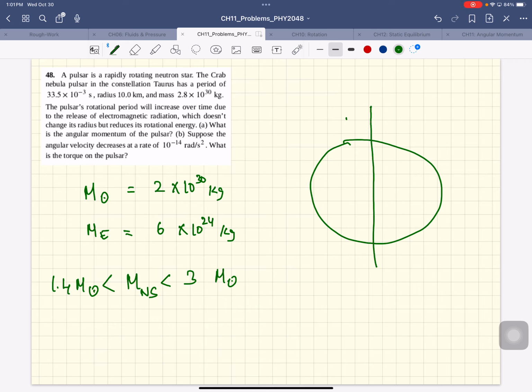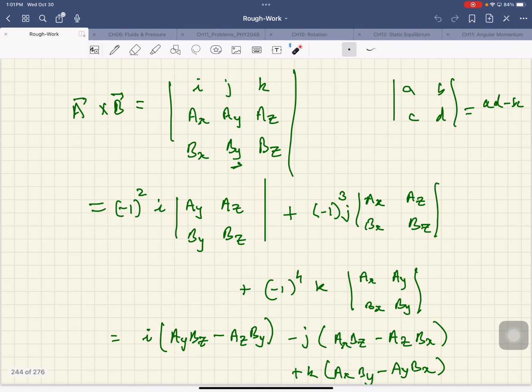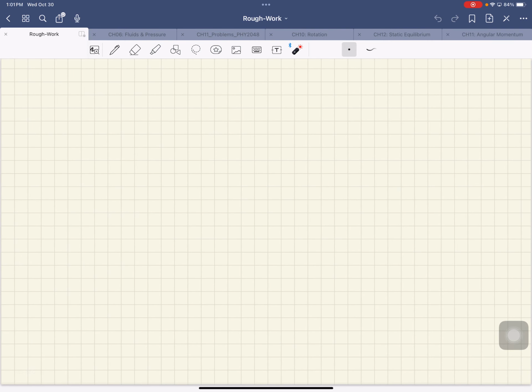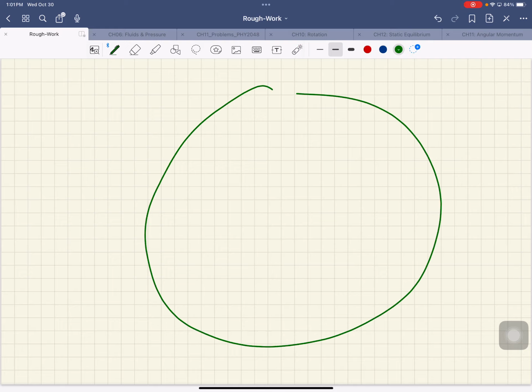A neutron star is spinning very fast. It could be spinning 1,000 times a second. You see the dimensions of this: its radius is 10 kilometers. The radius of the sun, you can Google it. Okay, let me Google it.